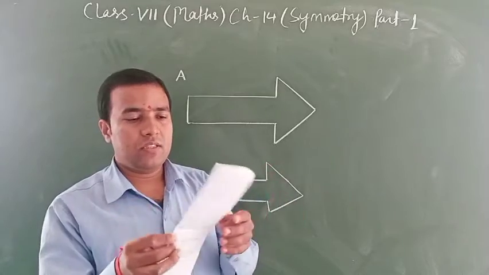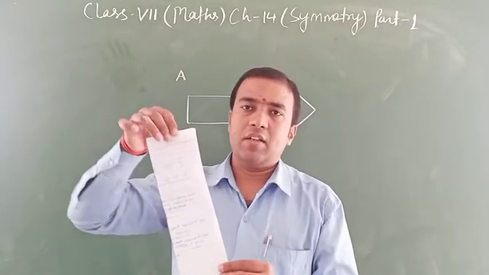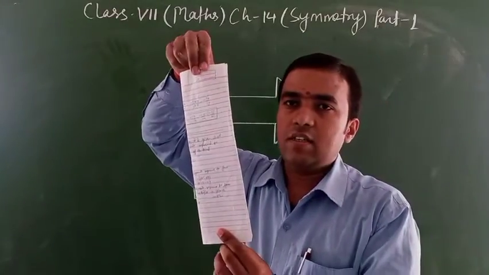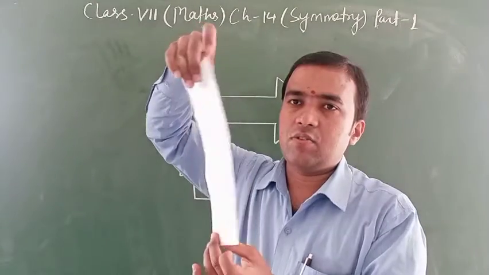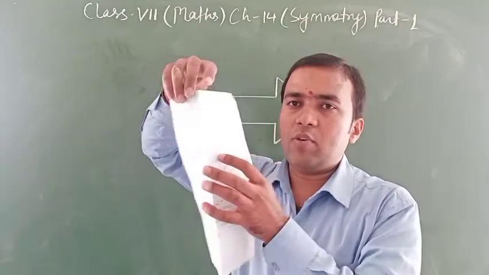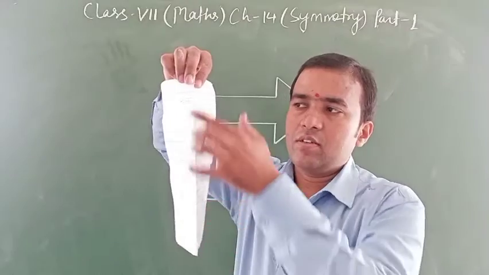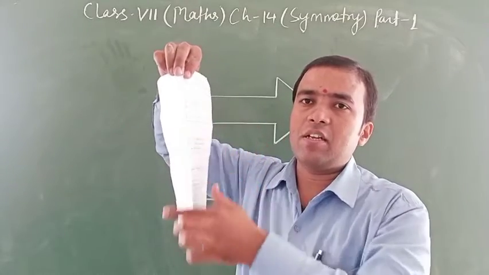We have folded it in equal parts. See, it is also like this, and here too. So this is a line of symmetry of this thing.